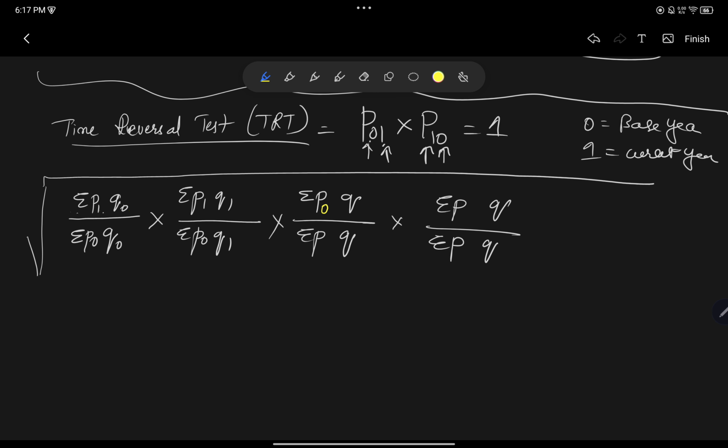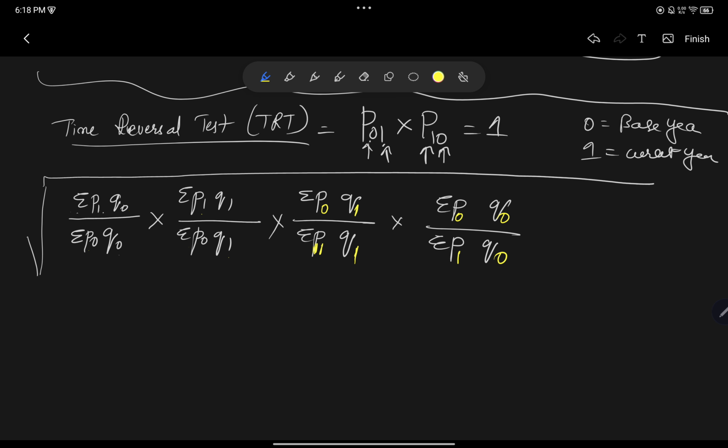Beside Q there is 0, we need to make it 1. 1 means 0, 0 means 1. So what did we change? We reversed the time. That is why we call it the time reversal test.